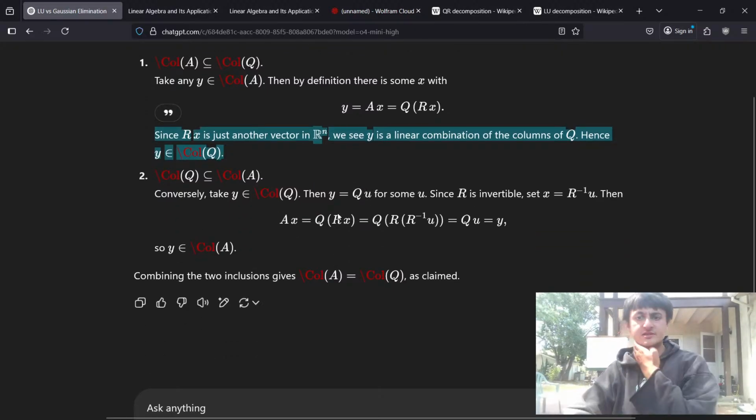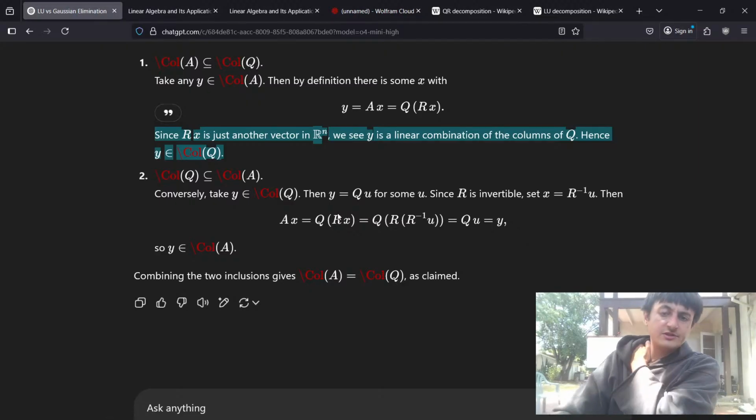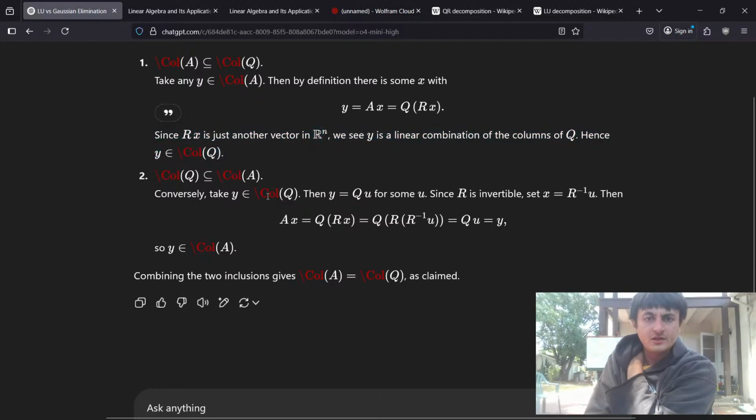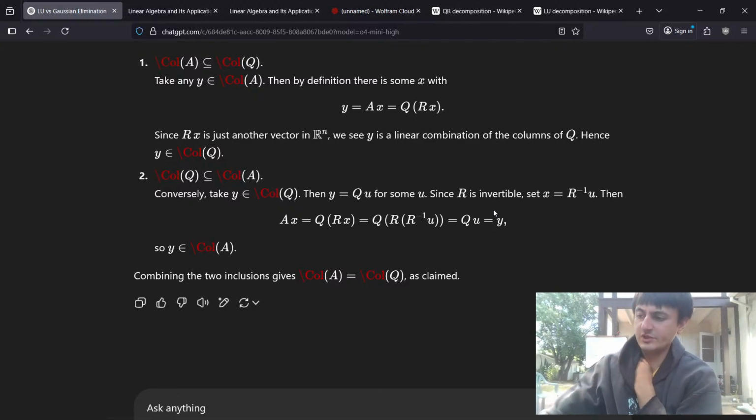Now this one depends on the invertibility. So we take y in the column space of Q, and y is equal to QU. Wait, hold on, let me do this.